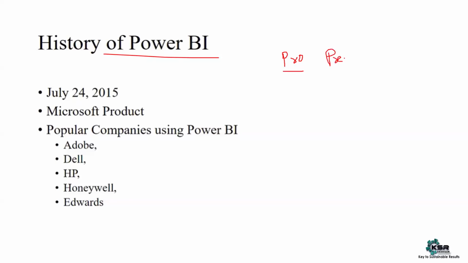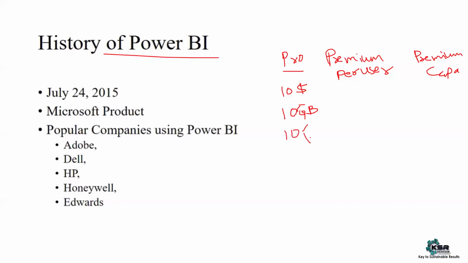There is a license called Premium, this is Premium per user, and there is a license called Premium per capacity. Now, Pro is $10, where you will get 10 GB per workspace. So you can create 10 different workspaces, it would be around 100 GB.